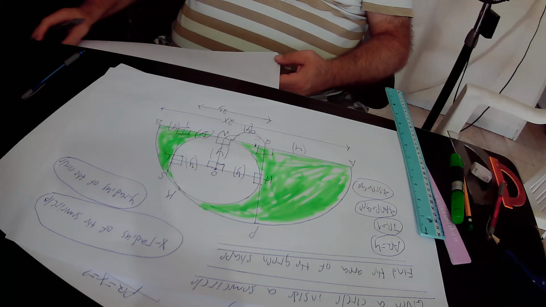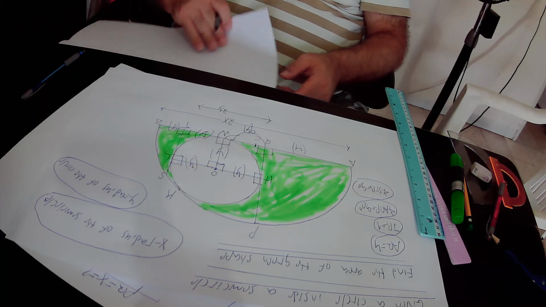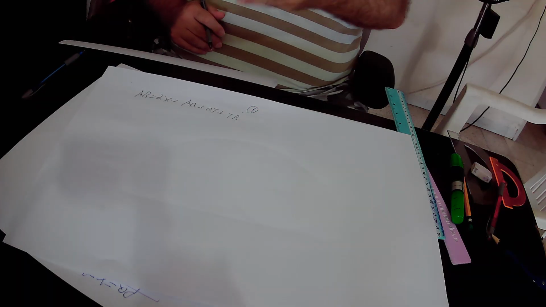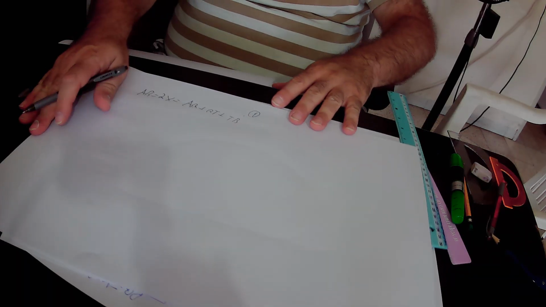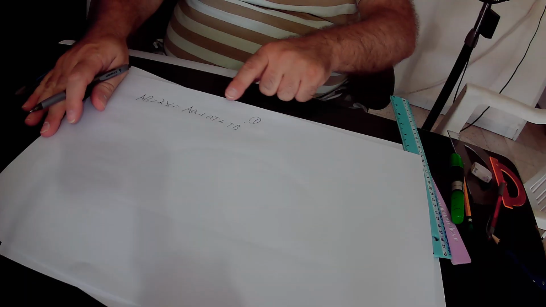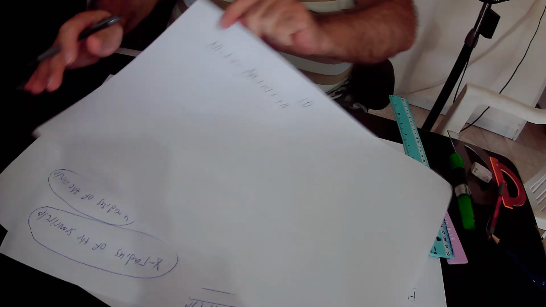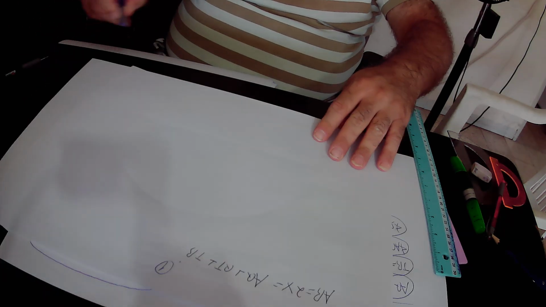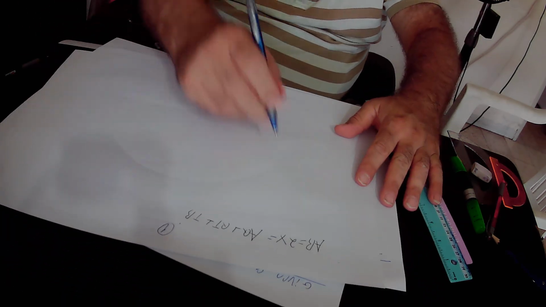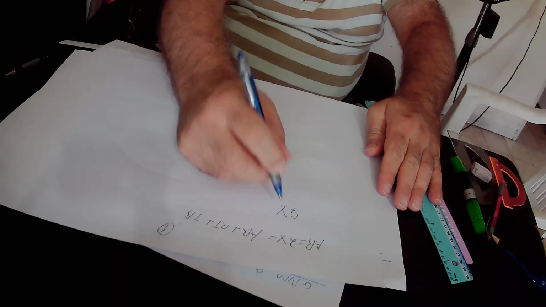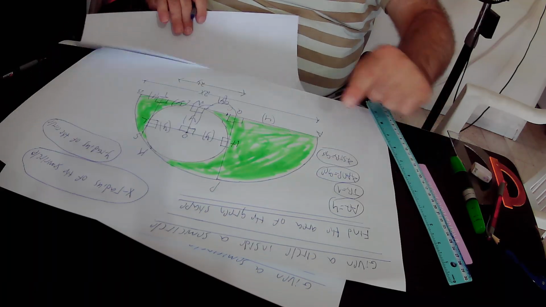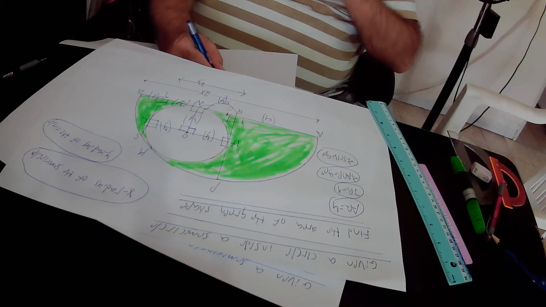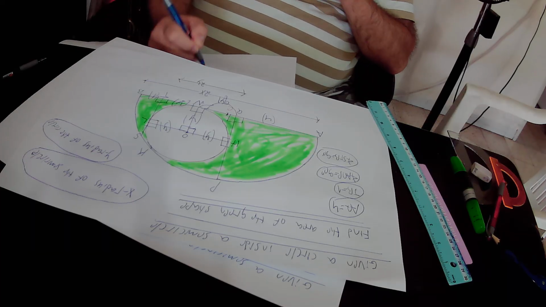Again, from the drawing, it is very easy to see that AB equals 2x, it is the diameter of the semicircle, and it equals AQ plus QT plus TB. So 2x in total equals AQ, which is 4 units in its length, plus QT.